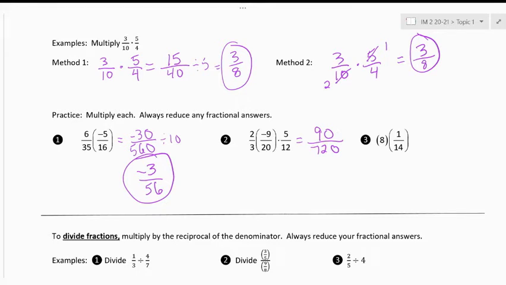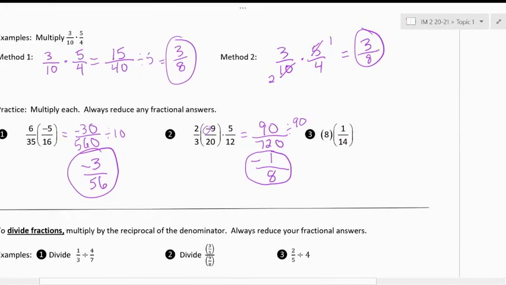But if you look at the 9 and the 72, 9 is a factor of 9, of course. 9 is also a factor of 72. So really the biggest number that goes into 90 and 720 is 90. 90 divided by 90 is 1. And 720 divided by 90 is 8. Oh, and it's negative because we had the negative here. Doesn't change the problem. We just have to make sure we put it with our answer.